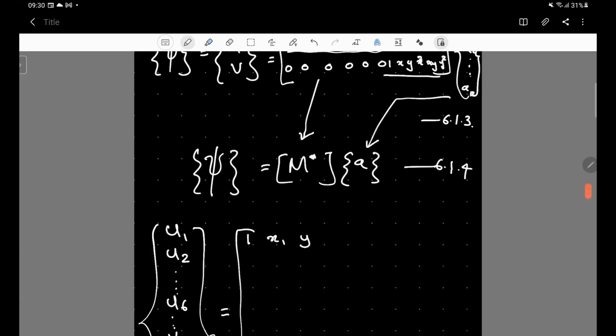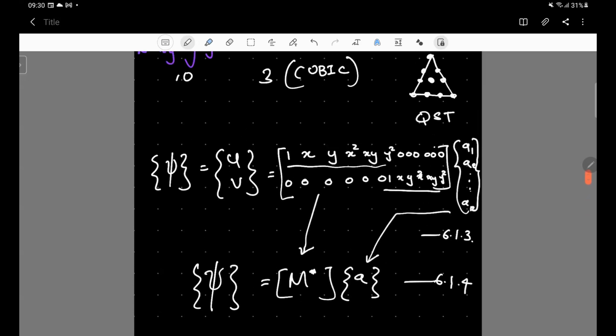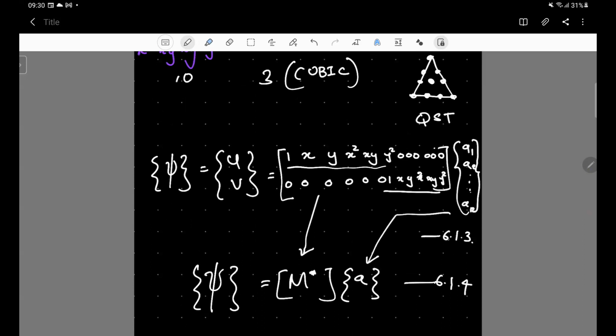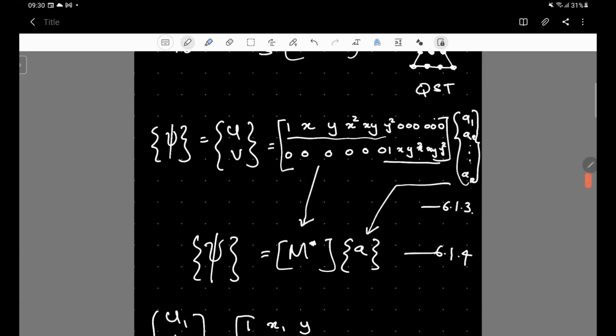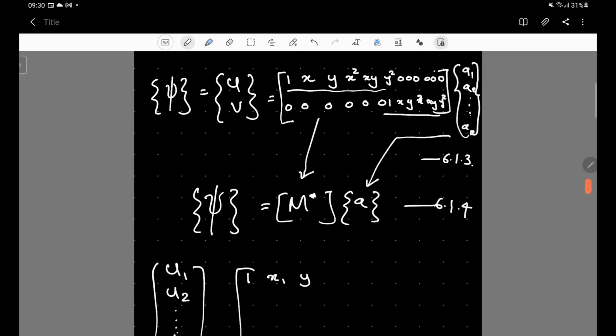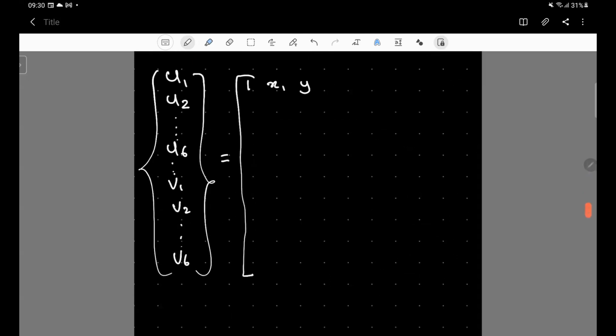What we are doing is simply using equation 6.1.3 and substituting the coordinates. So u1 will become 1, x1, y1, x1 squared, x1 y1, y1 squared.